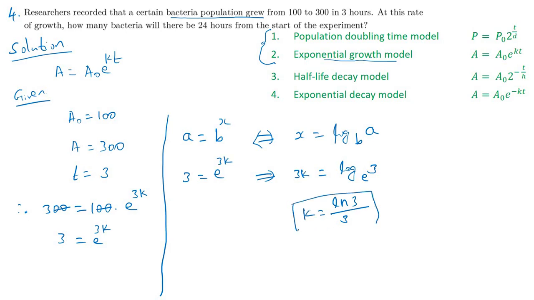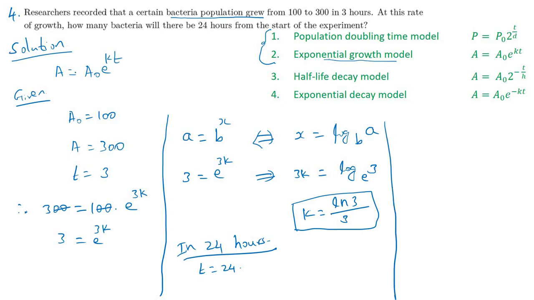So now what do you want to find in 24 hours? That means T value is 24. Substitute in the same formula all the values you know. Now you want to know, at this rate, what will be this amount A? This amount is not known now. At time t equal to 3 it is 300. Now time is changed, so A is changed.